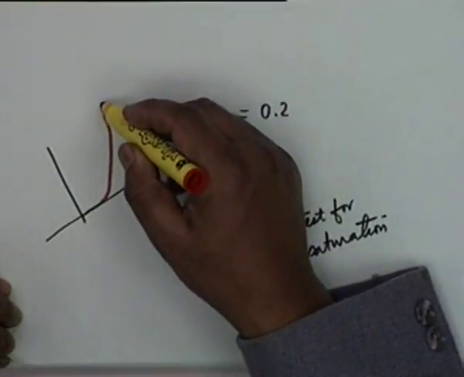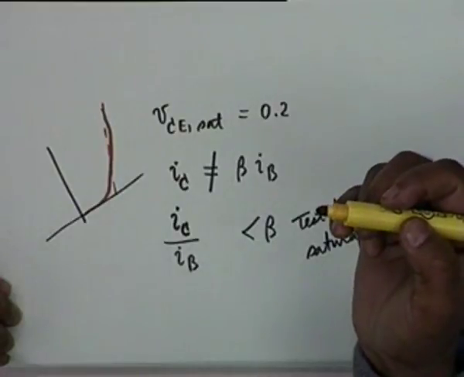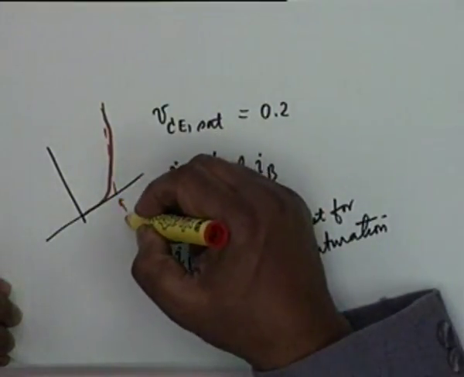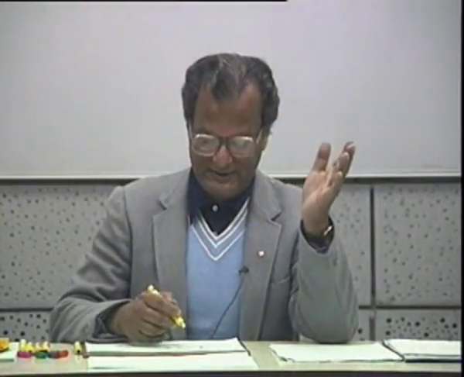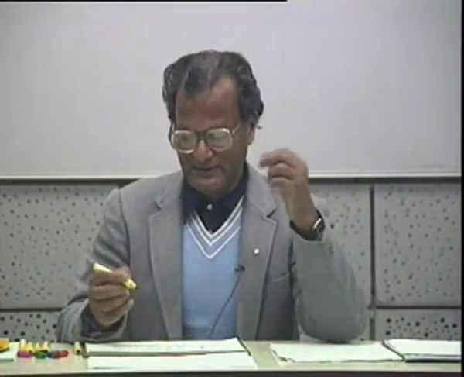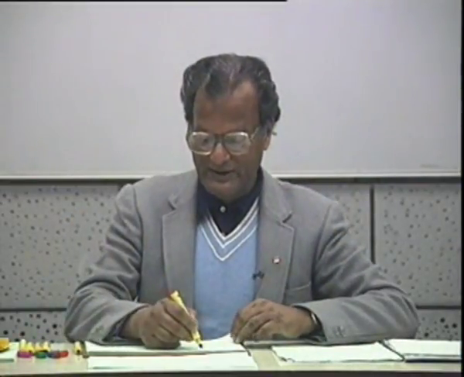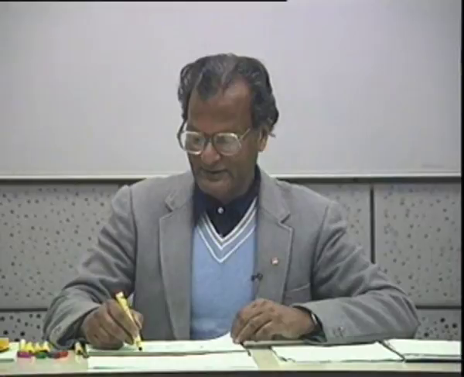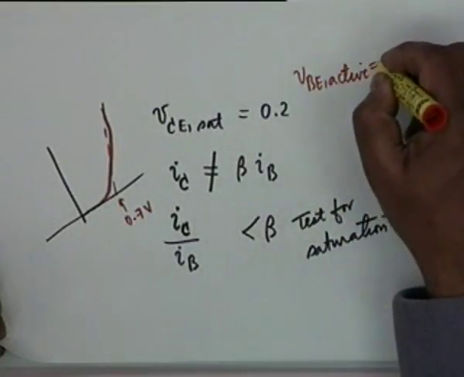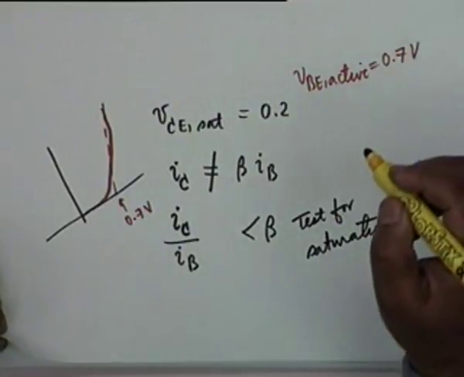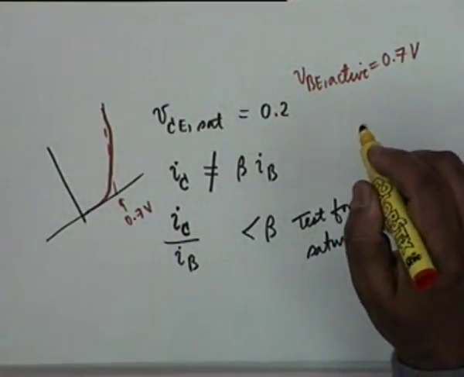What we do is, as I said, for making a model we take this as 0.7 volt. That is, the linear approximation to the characteristic cuts the voltage axis at 0.7. So we take VBE active, note this carefully, as equal to 0.7 volt.